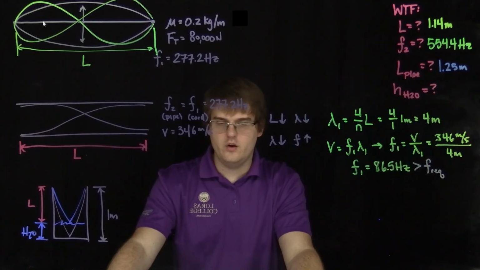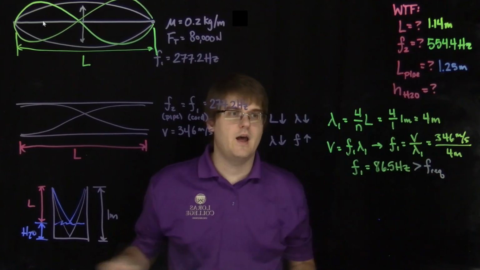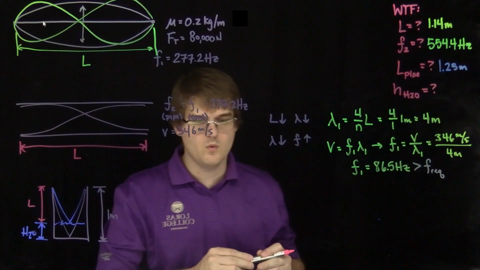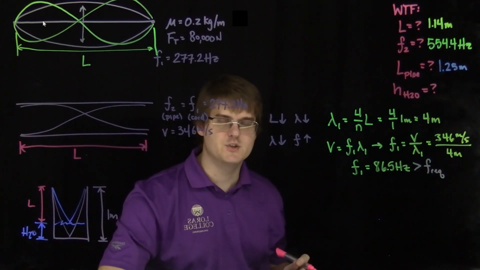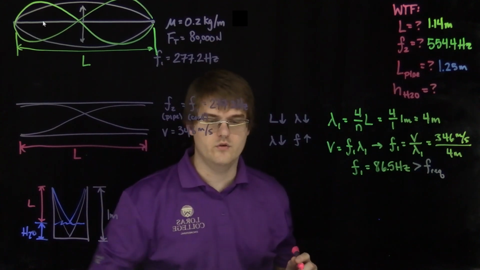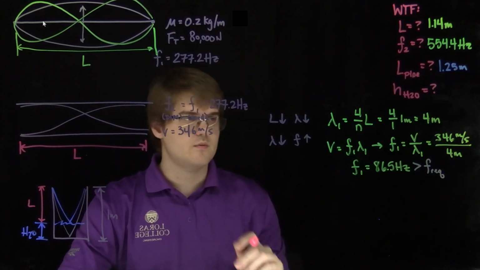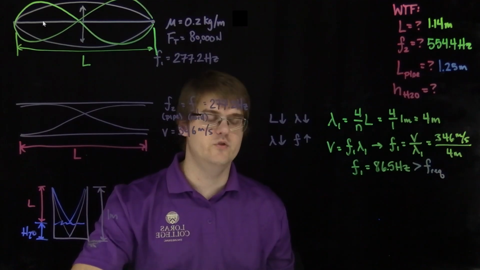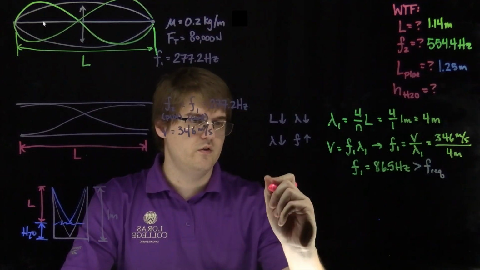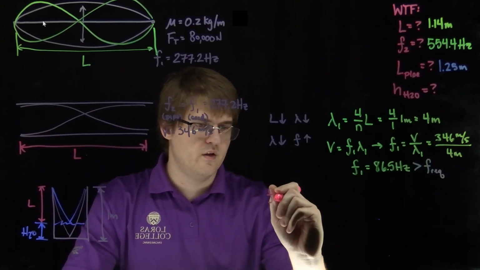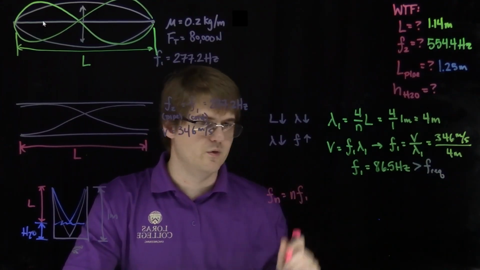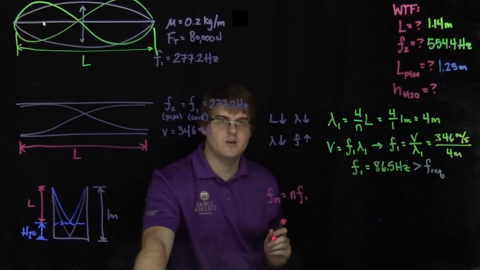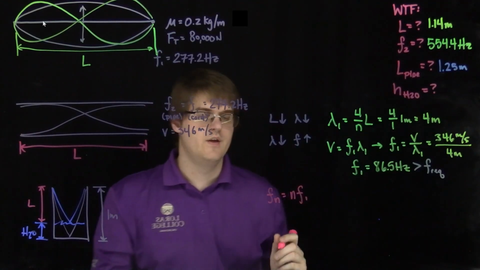So what I'm going to do here is I'm going to quickly go through and check what my different options are that are going to fall under the harmonics of the 277.2. So I will say Fn is going to be equal to n times frequency 1, that piece that we just talked about in the previous question.